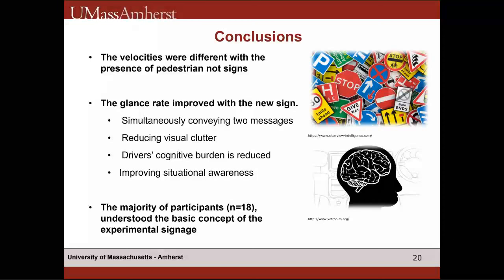But from the data we collected from the eye tracker, we realized that the glance rate improved a lot, and so we can claim that with this new sign, we kind of reduce the visual clutter.